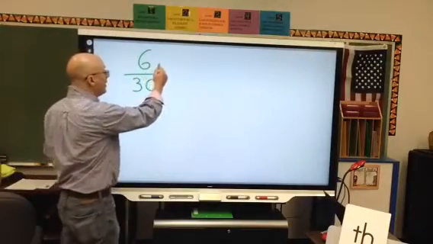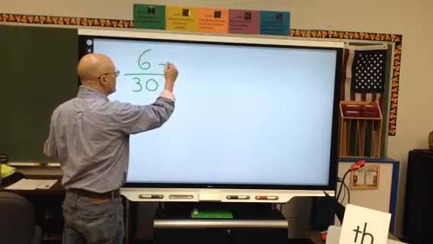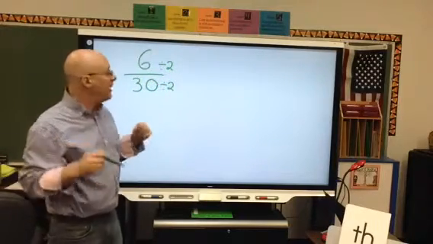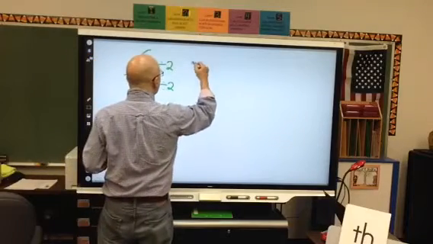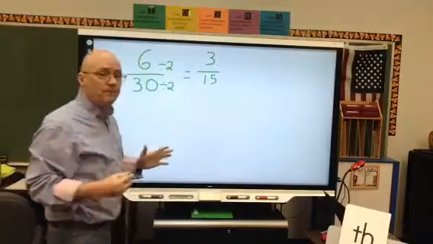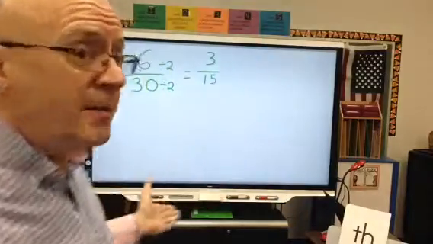I can divide the numerator by 2, and the denominator is divisible by 2. Now my new fraction would be 3 over 15. Now, is that finished yet?